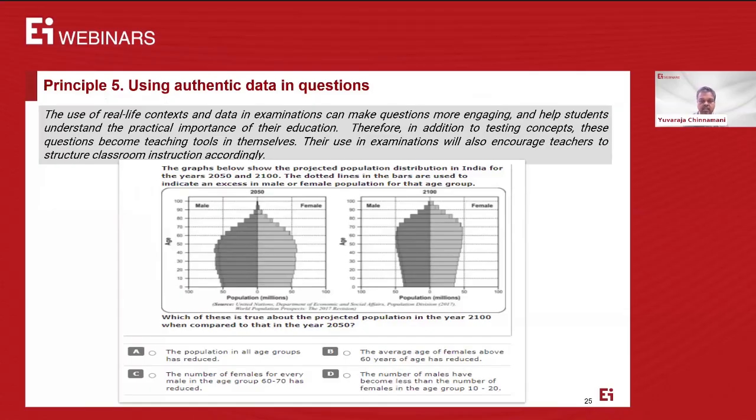Second, they understand that their education has practical importance beyond the classroom. Third, these questions become teaching tools themselves. They are learning about the subject while also learning about the world around them. This approach encourages teachers to bring real-world connections into everyday instruction.